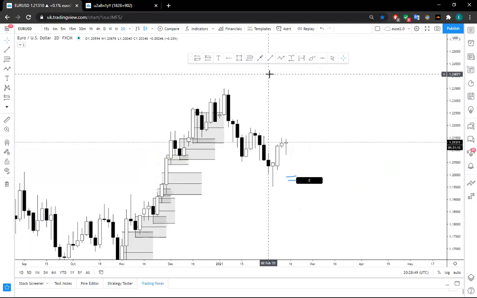I mean, do you guys know how this is your open and your high, and this is, for example, a bearish candle? This is your close and your low. If there was a bullish candle here, this is now your open and your low, and this is now your close and your high.